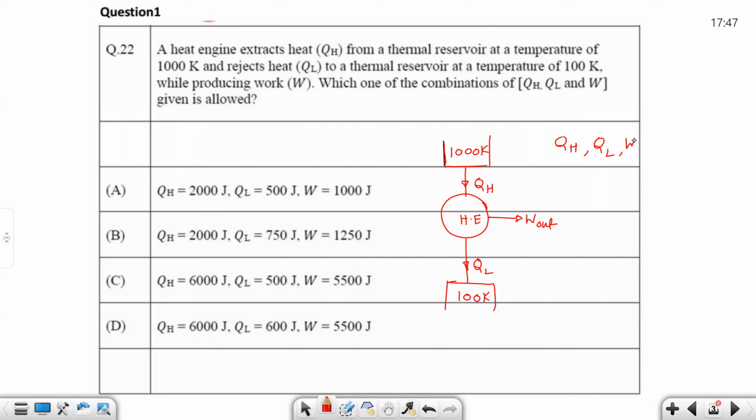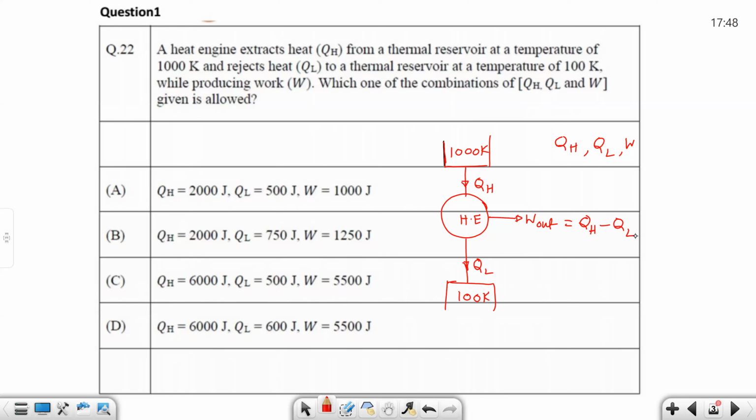So what is the combination of this QH, QL, and W? This heat engine is allowed. We know that the work output is QH minus QL.